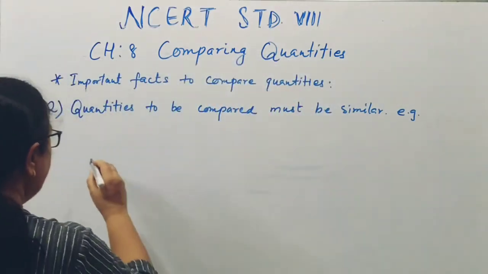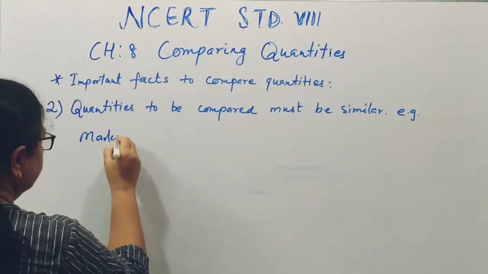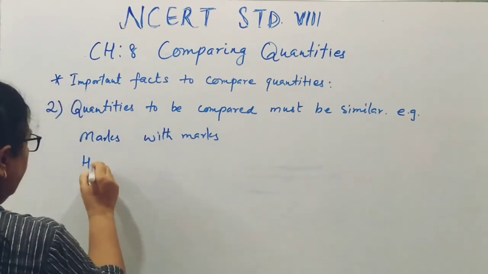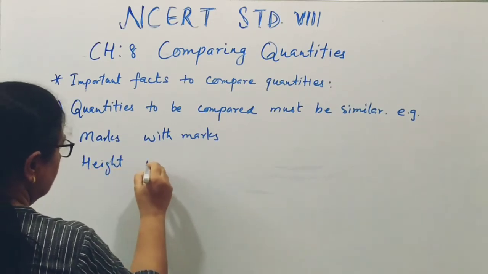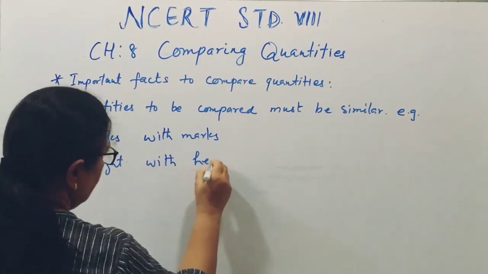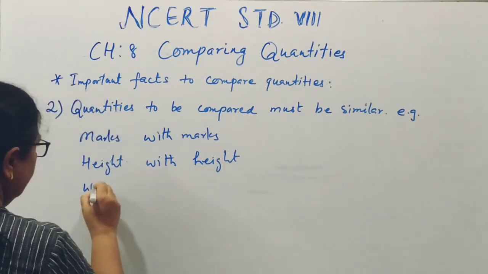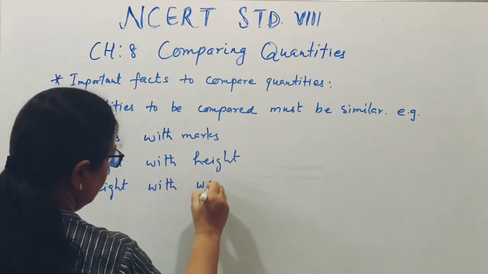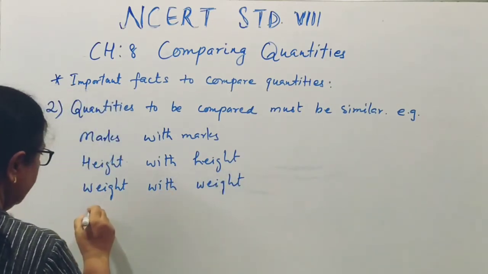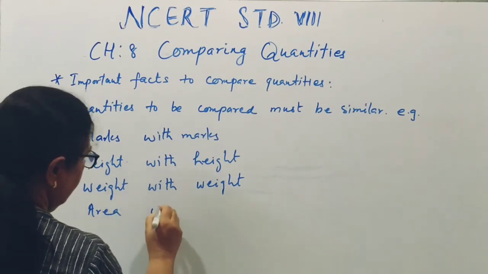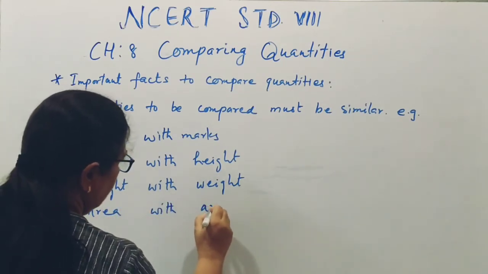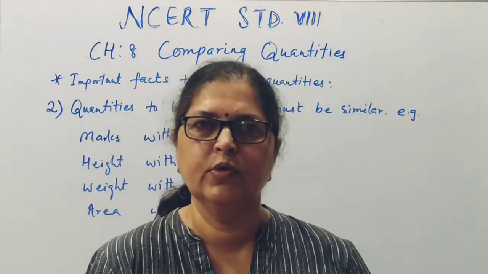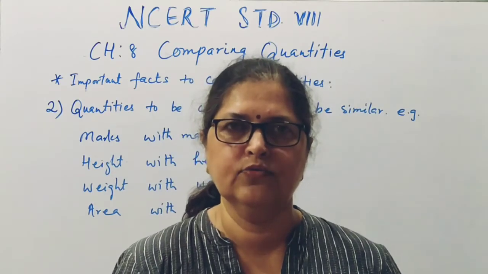So we can compare marks with marks, heights with heights, weight with weight, area with area. We cannot compare the height of a student with the weight of other student.